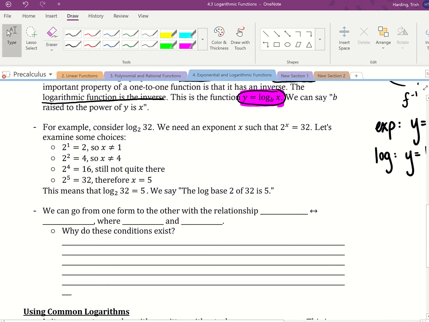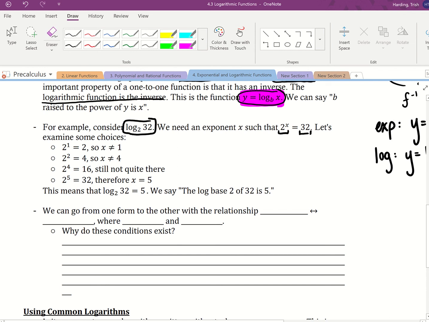Now, how do we solve these? Well, what this says is that we need an exponent, and we're going to look at an example. Log base 2 of 32. So we need an exponent x such that log base 2 of 32 equals x. And what that means is 2 to the x is going to equal 32.